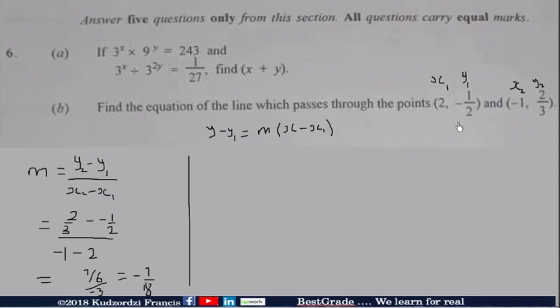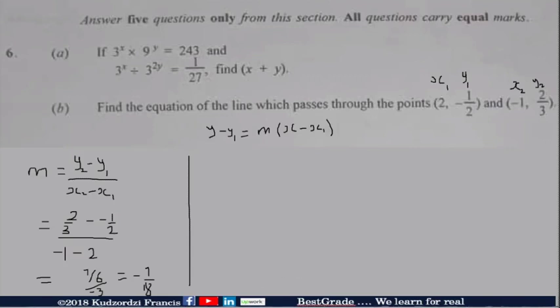Now we can plug this into this. I'm going to use these points. We could choose this as x1, y1, and this as x2, y2. It doesn't matter which one you substitute, you get the same result. So I'm going to substitute this one. In place of x1, I'll put negative 1, and in place of y1, I'll put 2 over 3.